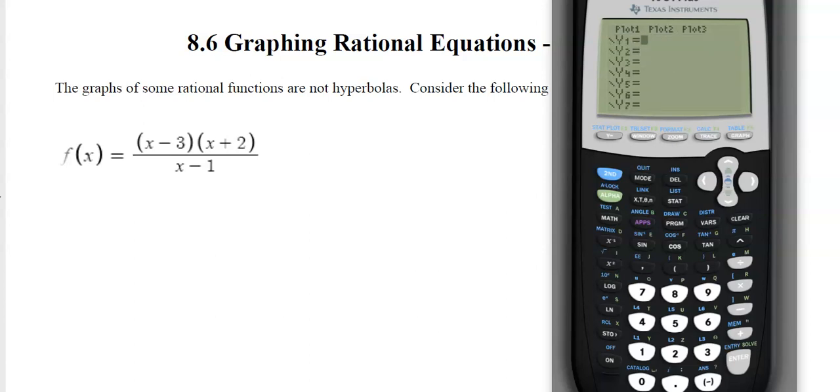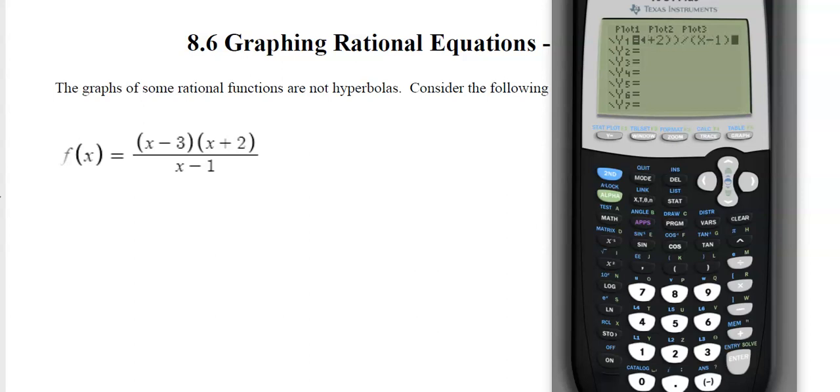I'm going to do a double parenthesis to show the whole top. The first parenthesis is x minus 3, and then the second parenthesis is x plus 2. Now I have to close it with the final parenthesis, so the whole top is in there. Then we need to divide by, and you have to use parentheses here, x minus 1.